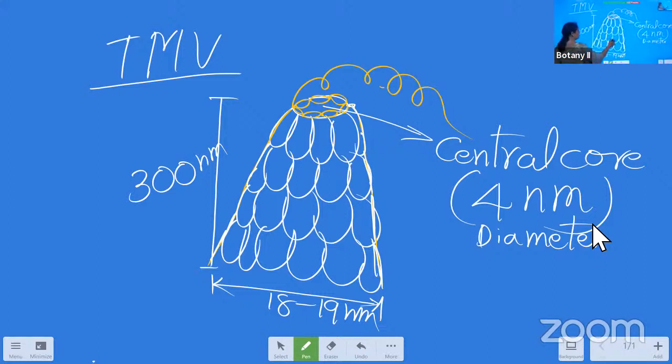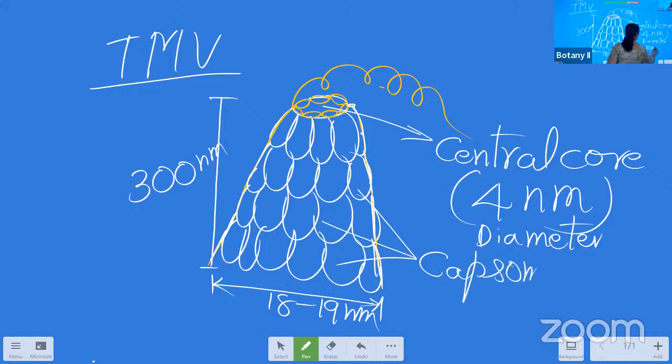Now we have to know what these are that we have drawn. These are called the capsomers. The complete body is covered with protein subunits called capsomers. How many capsomers are present in this TMV? Capsomers are 2130 in number.